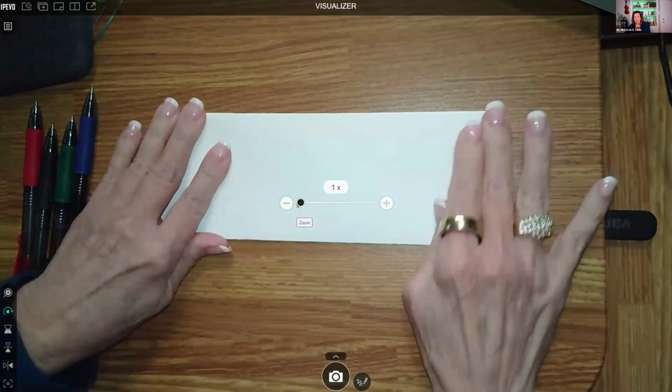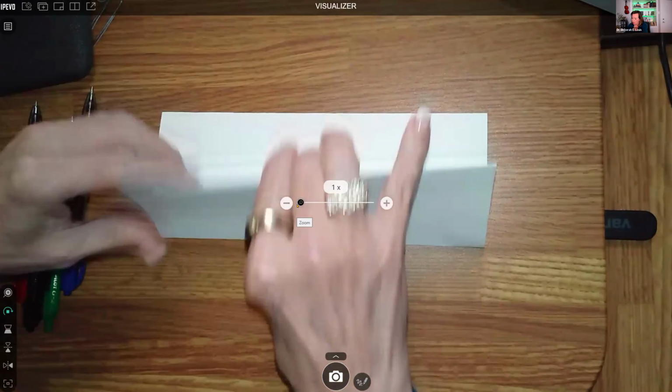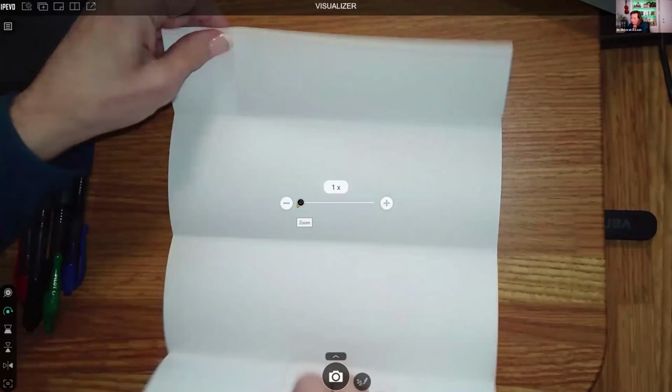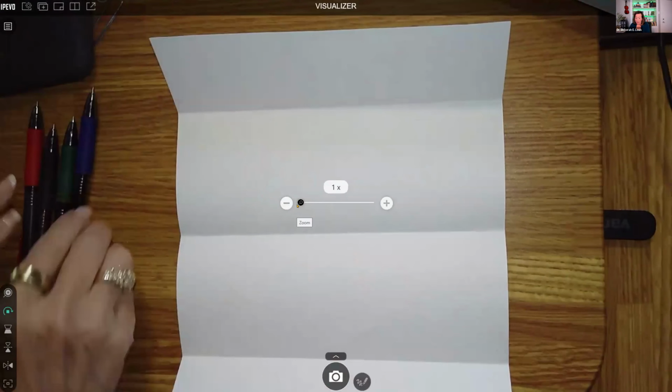And so it looks like this. Give me a thumbs up when you're ready, for those of you who are doing it. Okay, cool. All right, so now we open it up and we have our pre-writing sheet.